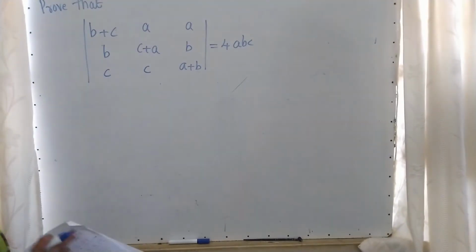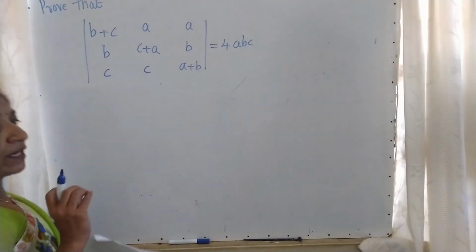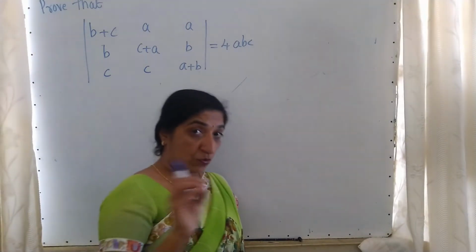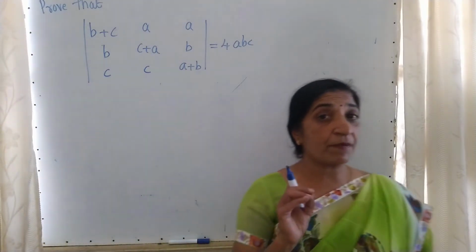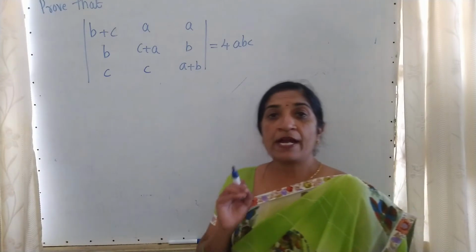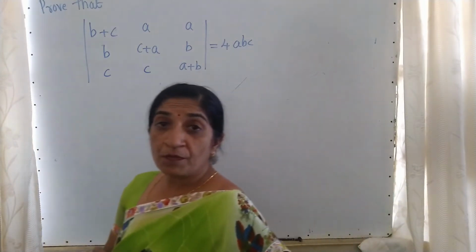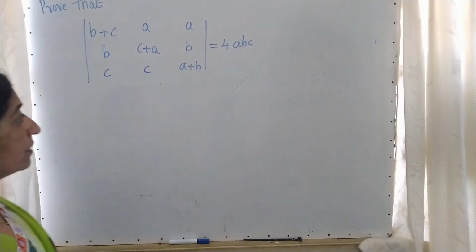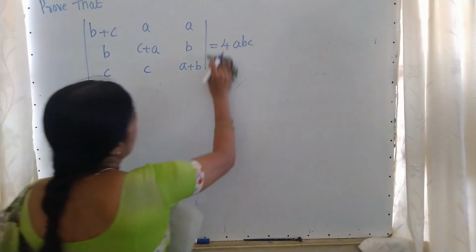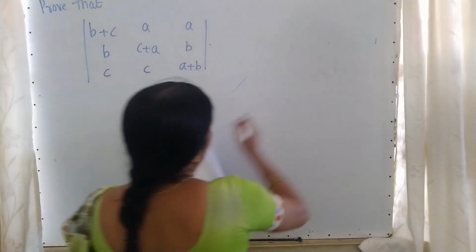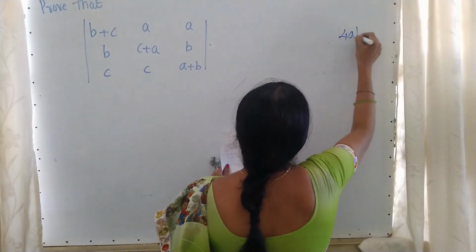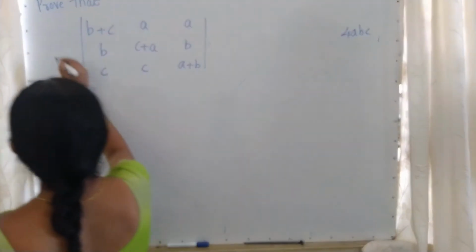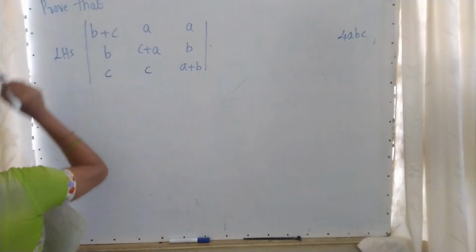But I can give one more hint. Try to make minimum two elements 0. At the same time, don't make the other terms complicated. Here I am writing the required result on the side, 4ABC. Now write on the LHS.